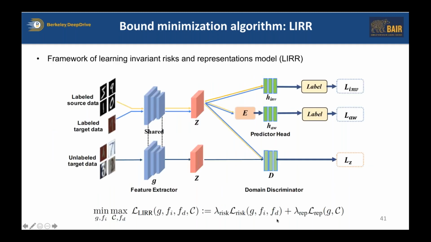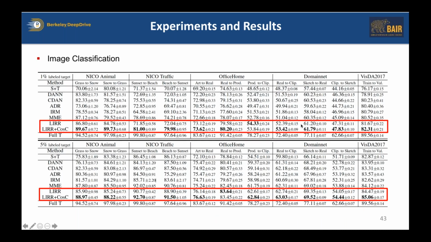So we have the final loss function as this one, and design the framework as this figure shows here. We have a branch to learn the invariant representations and a branch to learn the invariant risks. With such a model, we can achieve almost the best performance on all the settings and different data sets on image classification problems.